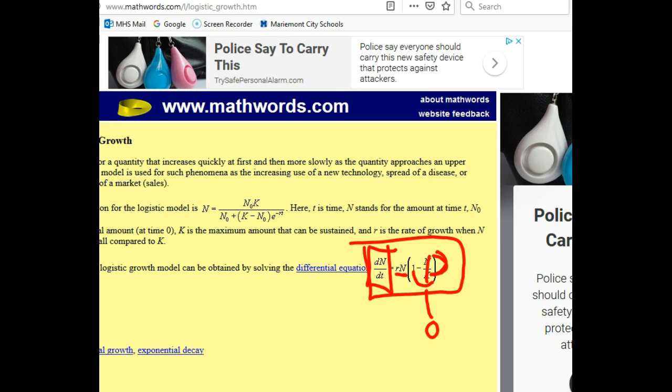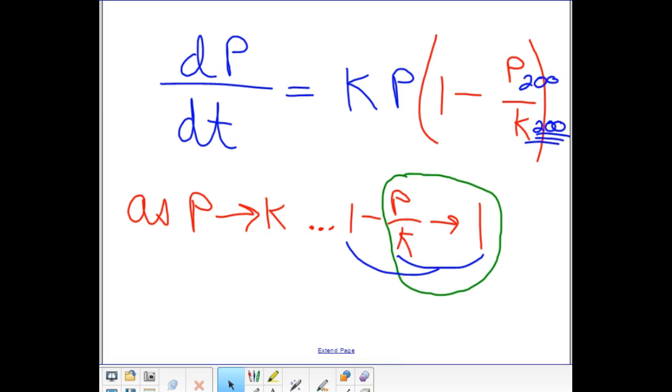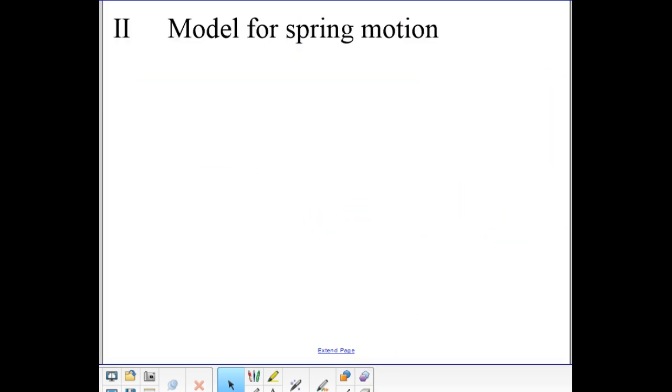But recognize it as a differential equation because it's got the derivative. This is the derivative of some function, and there's the function there. So the rate of growth is proportional to the size of the population. Tuck that in the back of your head somewhere. All right, talked about all that. Yep, 0 growth.